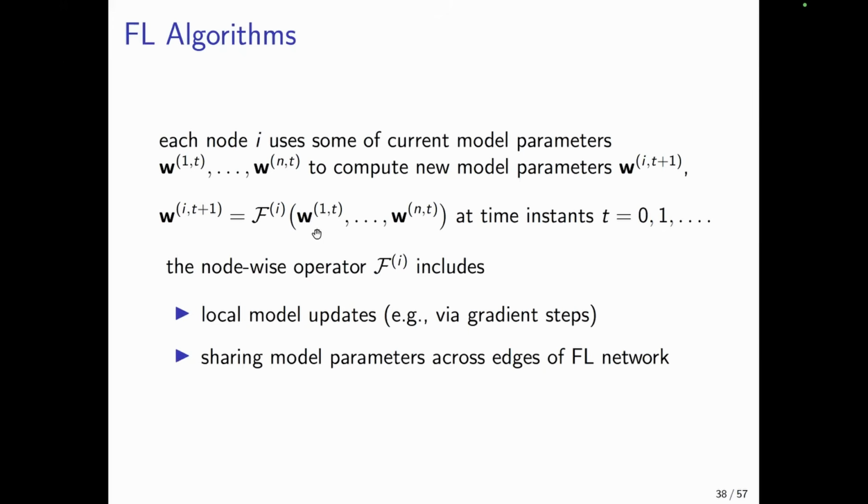A federated learning algorithm consists of the repeated application of update operators that I call here calligraphic F superscript i. Here each node has its own update operator, because each node has its own local data set and a potentially different model. So the learning progress, or the learning evolution, is different at each node. And we capture this by having different update operators at different nodes.